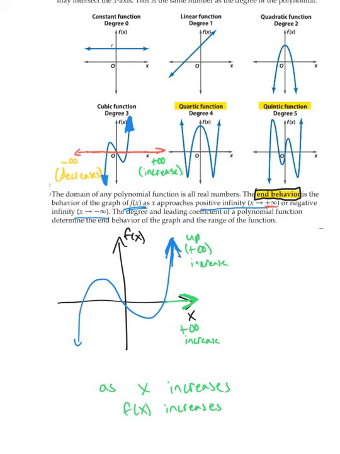Guys, there's two ends to this function. We've talked about the right part where x is increasing. Well, what about where x decreases? This left part of the graph, x is going towards negative infinity. It's decreasing. So what about that end behavior? Well, as x decreases, what's f of x doing? The function is going down.